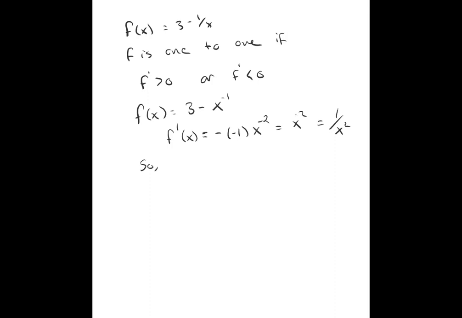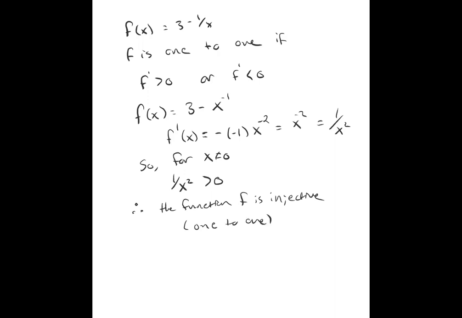So for x non-zero, we have that 1 over x squared is greater than 0. So we can conclude that, therefore, the function f is injective or one-to-one, if you prefer. Okay.